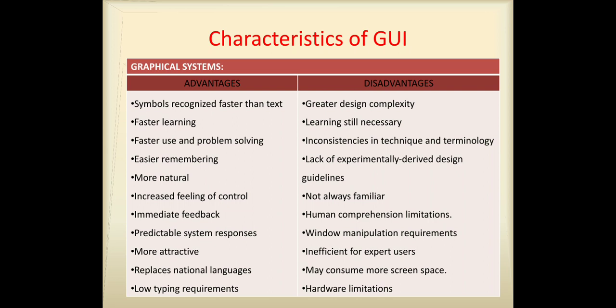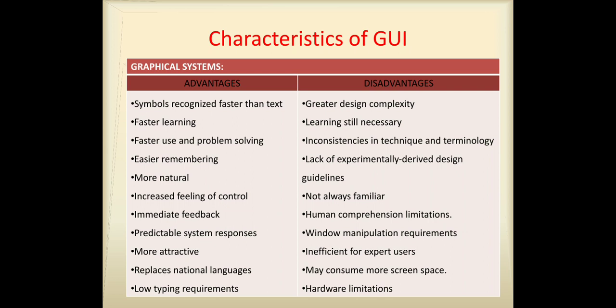Then immediate feedback. Graphical systems can offer us immediate feedback. The results of actions furthering user goals can be seen immediately. If the response is not in the desired direction, the direction can quickly be changed.